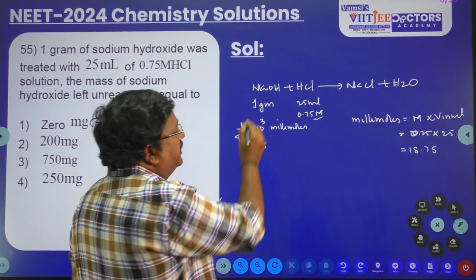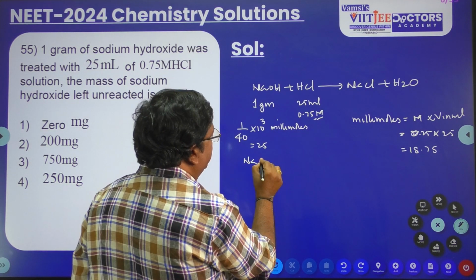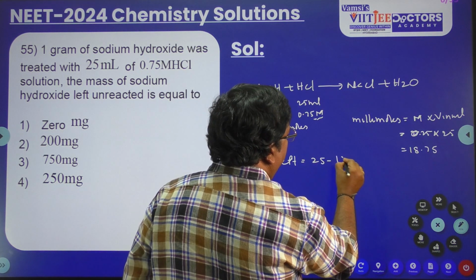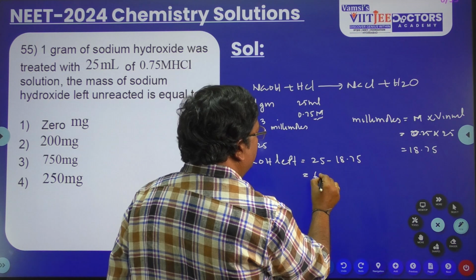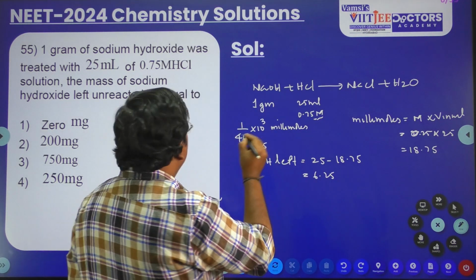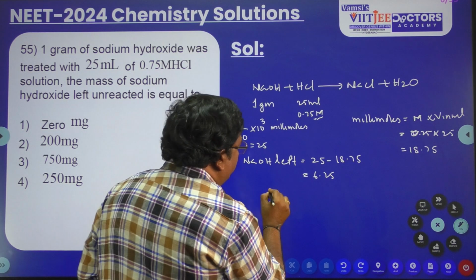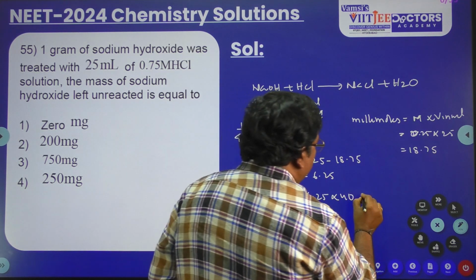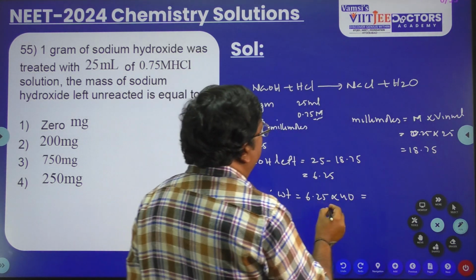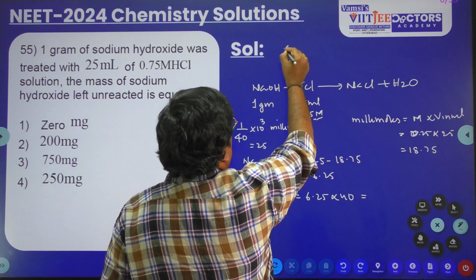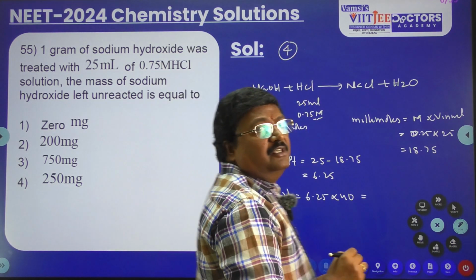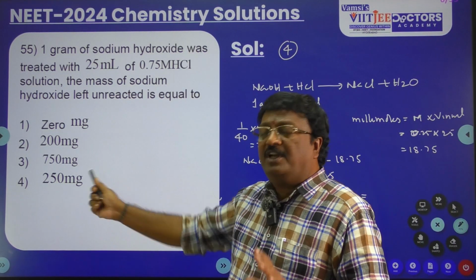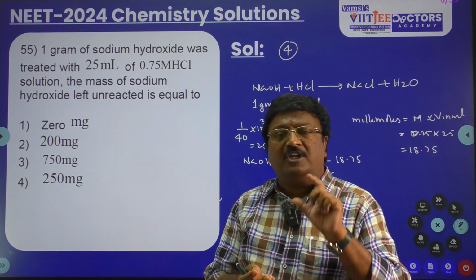So NaOH left equals 25 minus 18.75, which equals 6.25 millimoles. The weight equals 6.25 into 40, which equals 250 milligrams. So your answer is the 4th option. You have to calculate millimoles first because the answer has been asked in terms of milligrams.